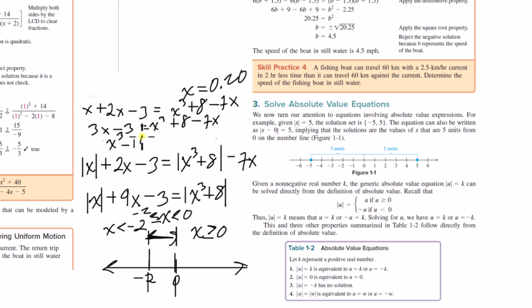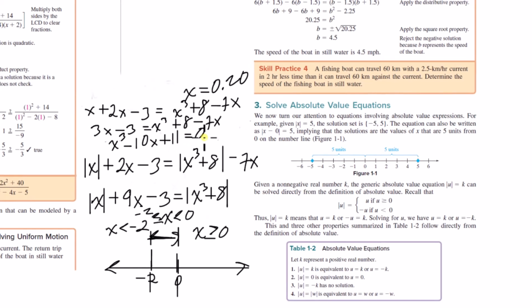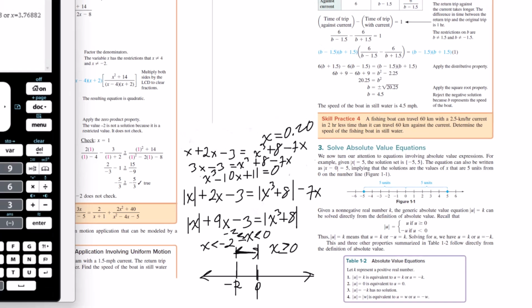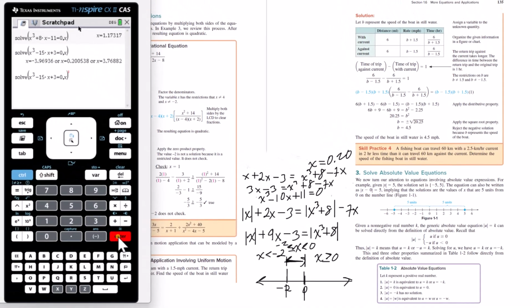You get minus 10x. Let's add 3 to both sides. Okay, so you've got x cubed minus 10x plus 11. Okay, now which one of those are greater than or equal to 0? You've got 2, 1.34 and 2.3.